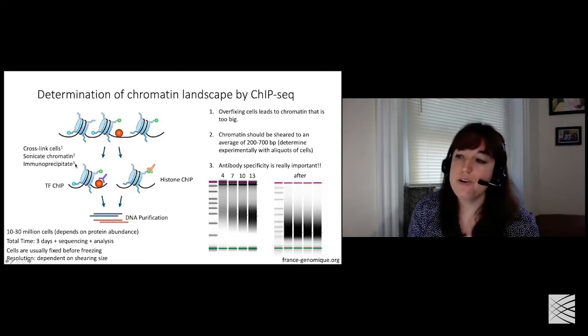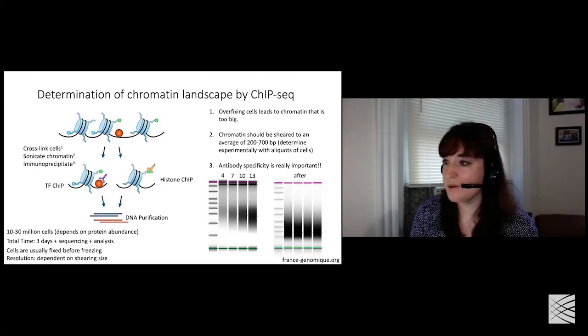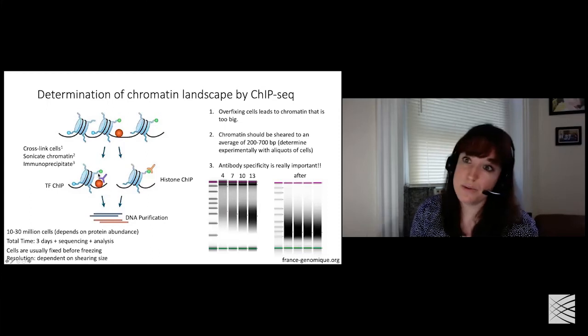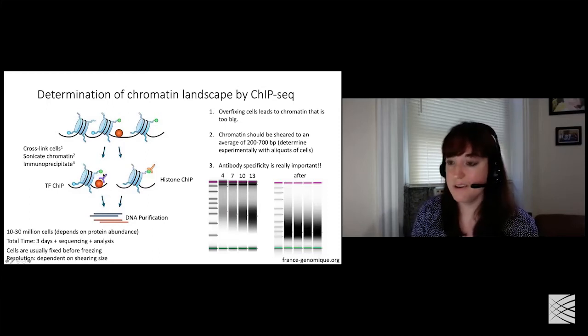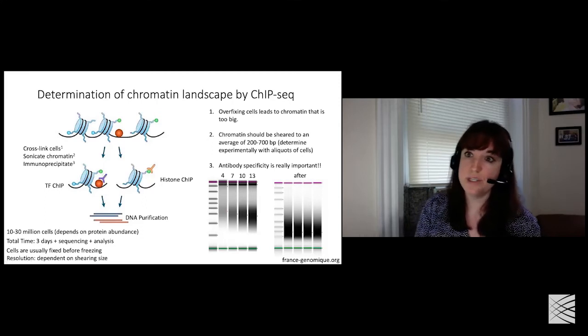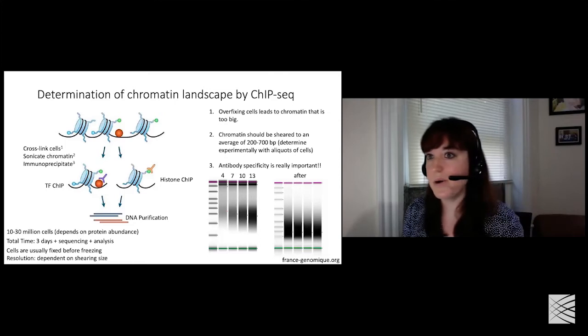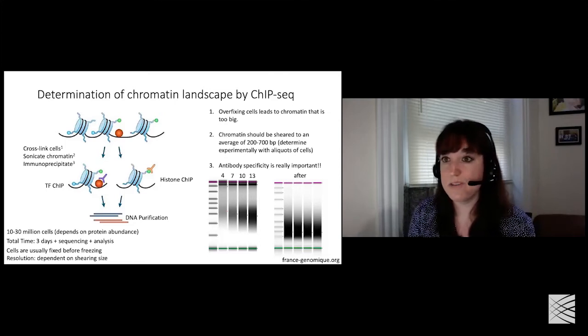Once you have your chromatin to the size in which you would like, the next thing you'll do is immunoprecipitate using an antibody. This is the other way that your troubleshooting could be really helpful. You want to use an antibody that is specific to your protein of interest. And this is the main drawback to using ChIP-seq. Not every protein has a really good ChIP-seq antibody, so I would recommend looking for ones that have already been published as a first pass.